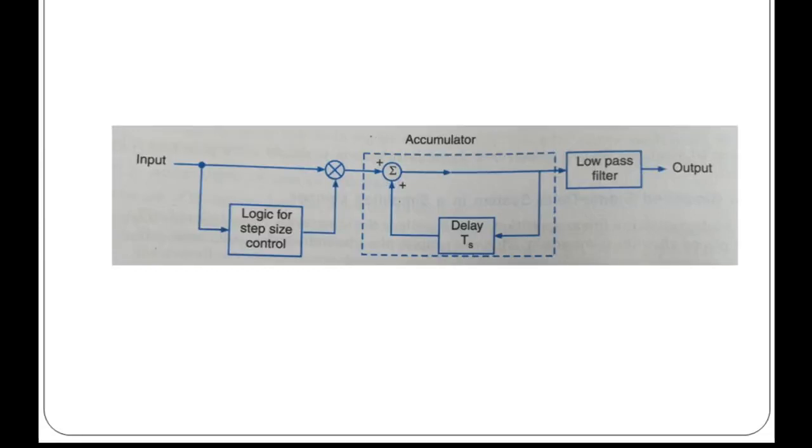The previous input and present input decide the step size. It is then applied to the accumulator. This is our accumulator section. The accumulator section builds up the staircase waveform. The low pass filter then smooths the staircase waveform and reconstructs the original signal.